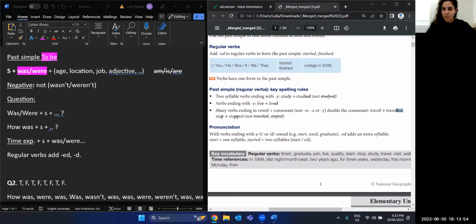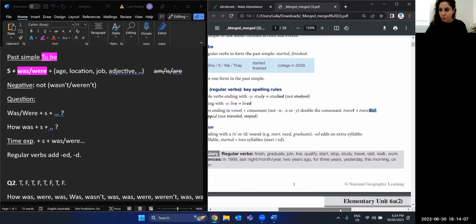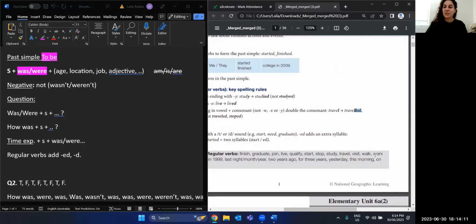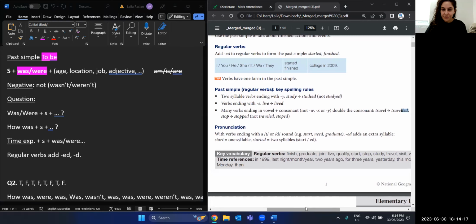So these are just some vocab: finish, graduate, join, live, qualify, start, stop, study, travel, visit, walk, work. You remember our W's? Different pronunciation. Walk, work. And using time expressions.